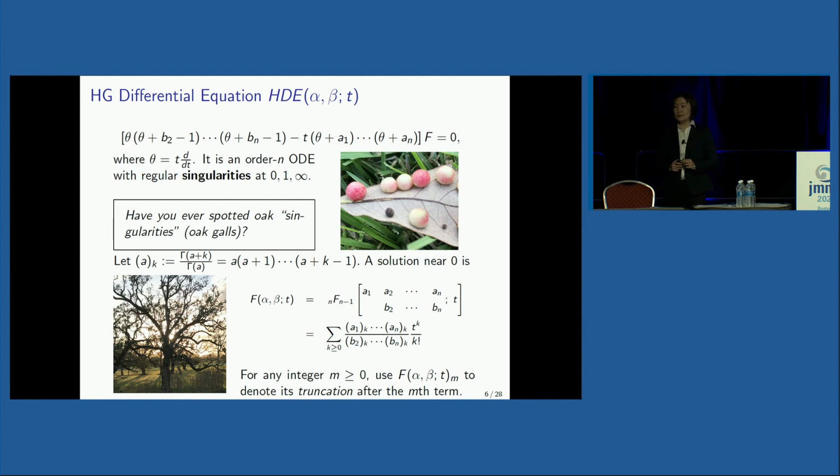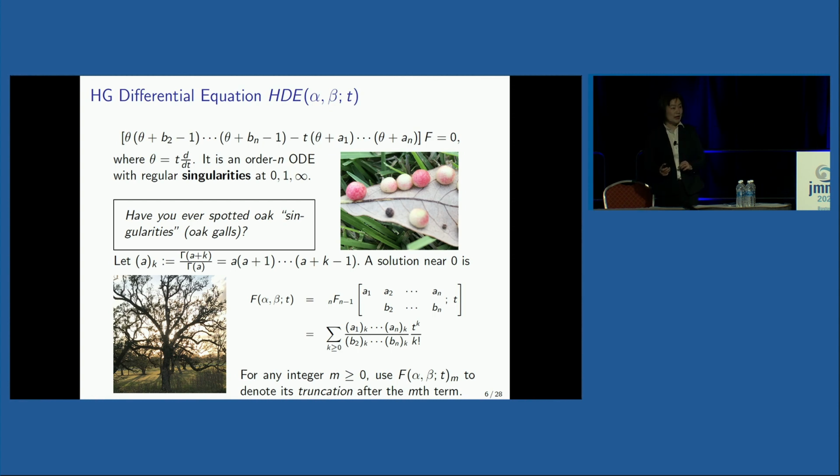And if you think about a hypergeometric datum as an acorn, which is a family DNA, now if you put it down into a position t, you can grow into a function or an oak tree. So it's written in terms of this formal power series, in terms of Pochhammer symbols.